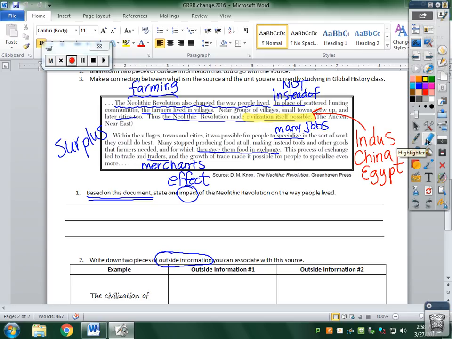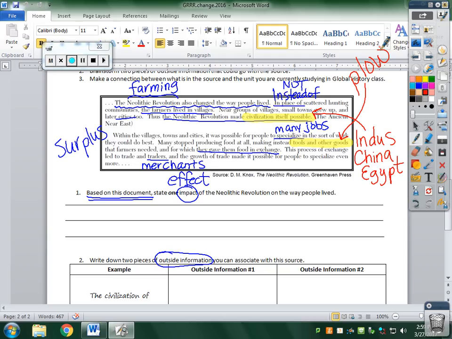We also, in here, many stopped producing food at all, making instead tools and other goods that farmers needed. So what you could do is give examples of technologies that were developed. So for example, something like the plow was developed in Mesopotamia. That made it easier for farmers to do their work. So that's another way you can go with your outside information.